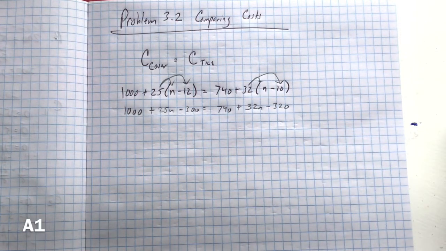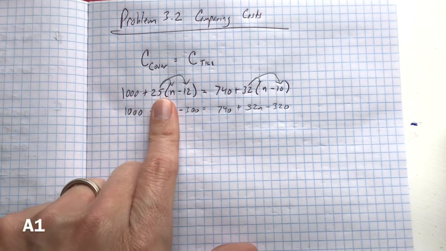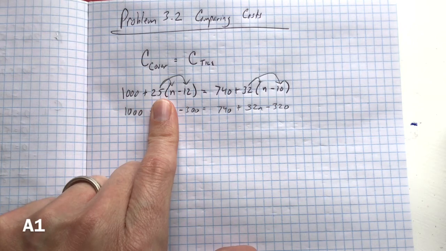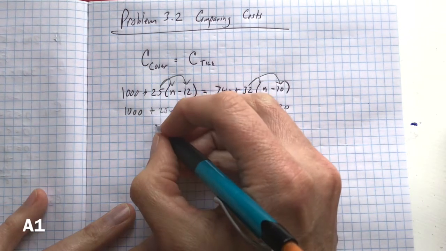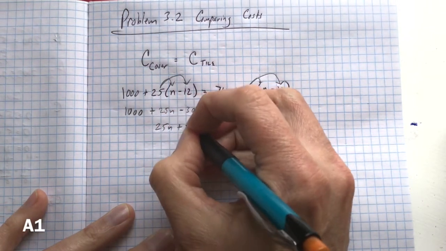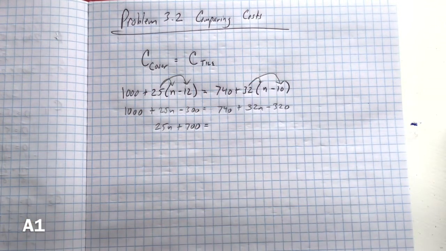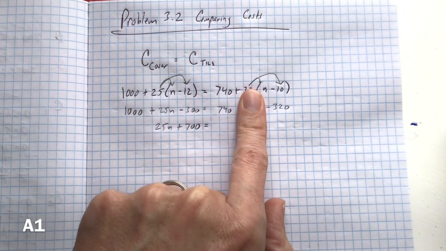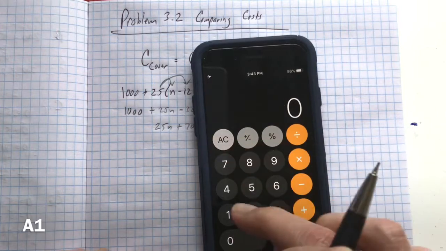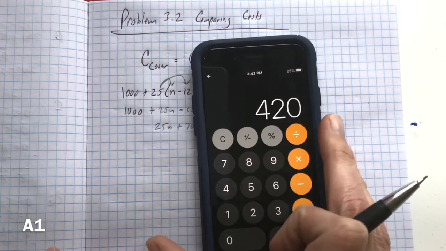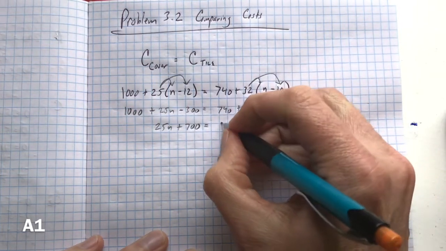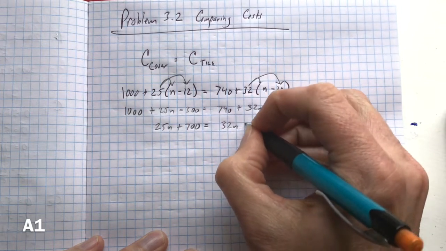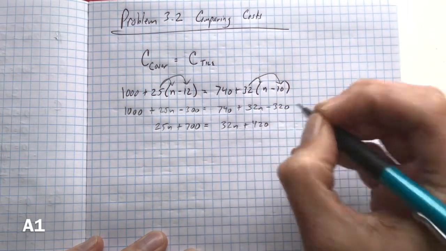Now we start looking to combine like terms. 1,000 minus 300 gives me 25n plus 700, is equal to, same thing here, 740 minus 320, just to be safe, so it's 420. So 32n plus 420.